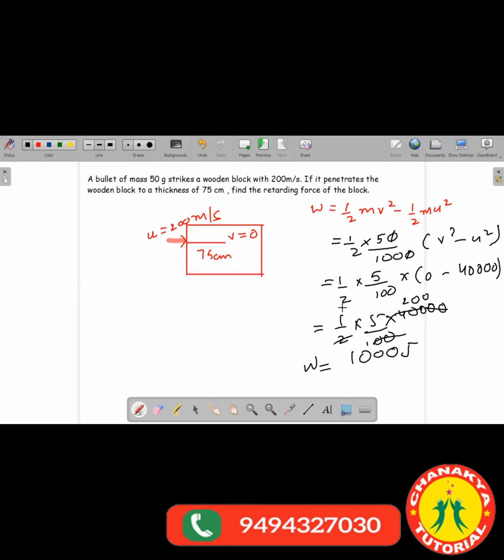Now work can also be obtained by the formula force multiplied by displacement. So work done equals force F multiplied by displacement, which we know as 75 centimeter, so this will be 0.75 meter. Work done we already know, 1000 divided by 0.75 would give us the amount of force.